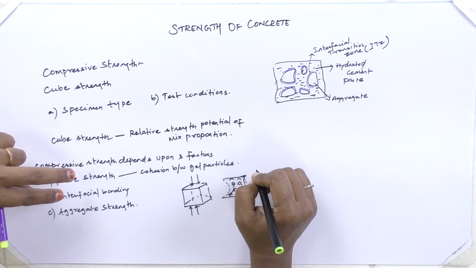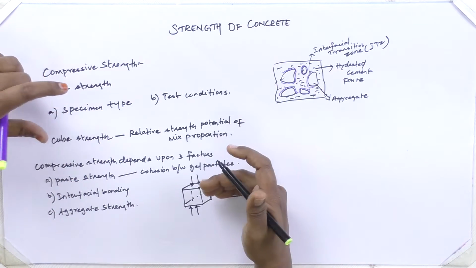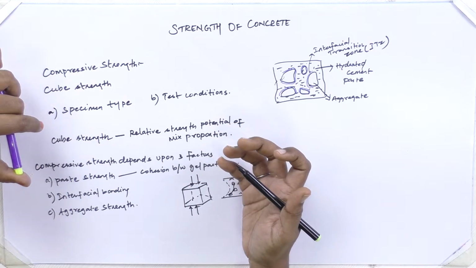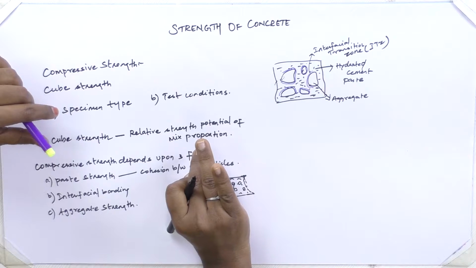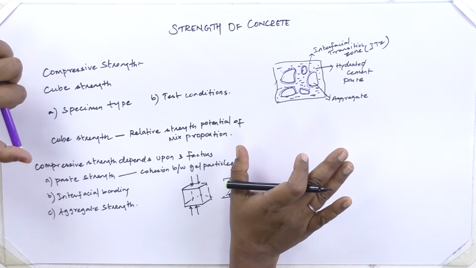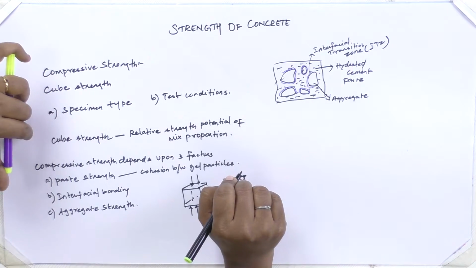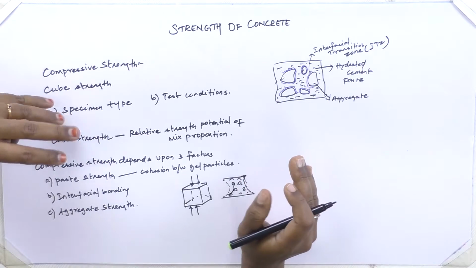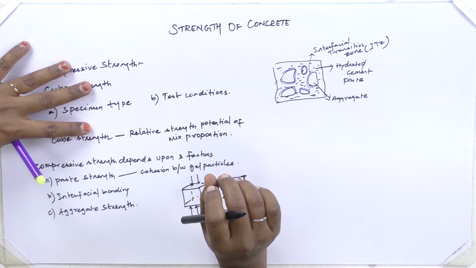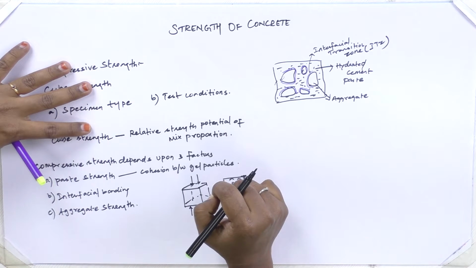And a large discrepancy exists between the theoretically calculated paste strength and the actual paste strength exerted by the concrete, and this discrepancy is mainly due to the flaws that exist in the actual concrete.